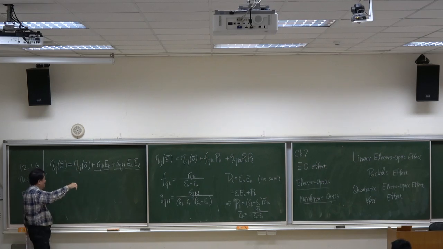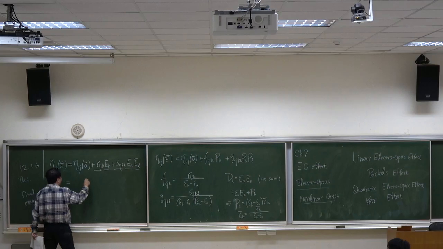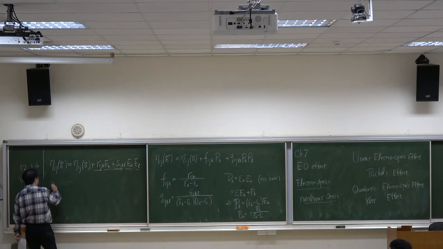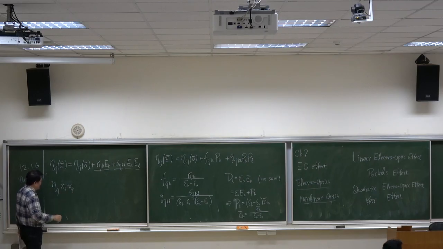According to this expression, you see that we use this eta ij to multiply xi and xj, sum over to get 1.